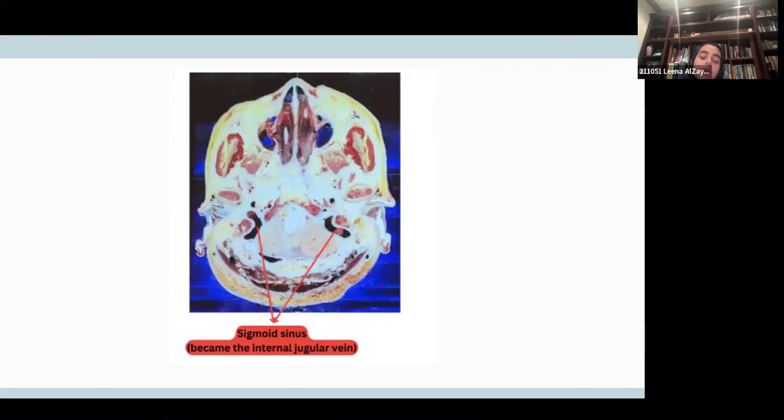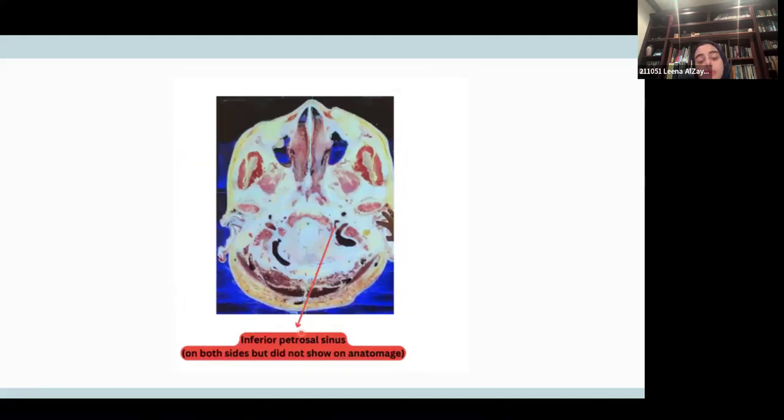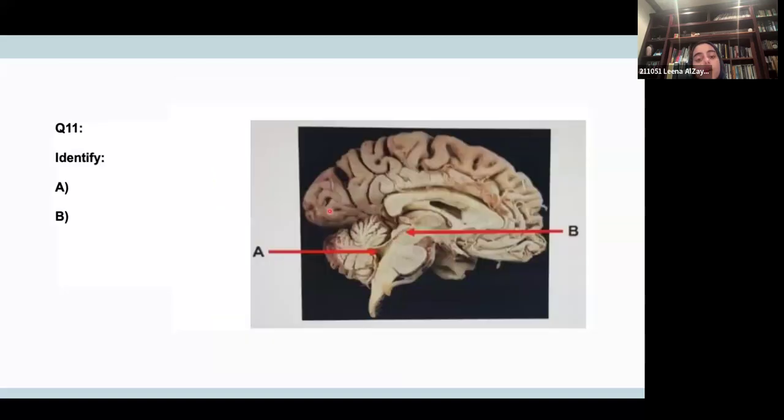These are the sigmoid sinuses, and this fold becomes the internal jugular vein. The inferior petrosal sinus is on both sides, but it did not show on Anatomage clearly, but it's somewhere here, but I don't think they'd ask from an unclear picture.